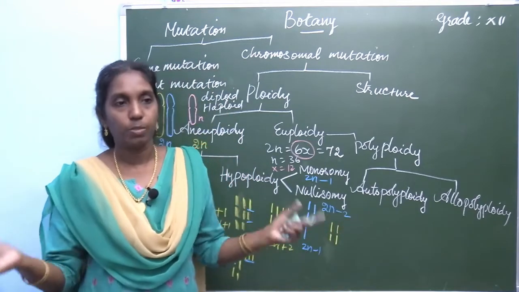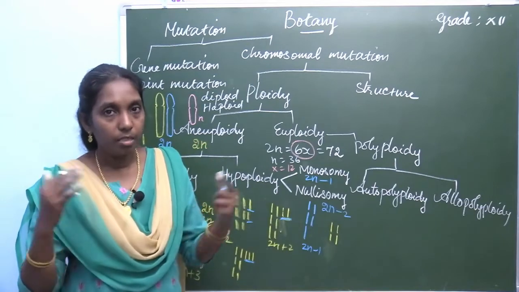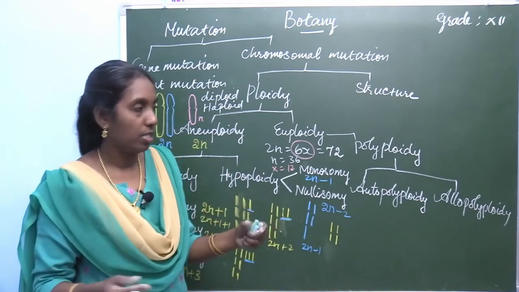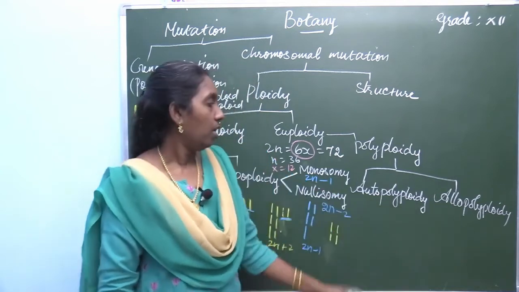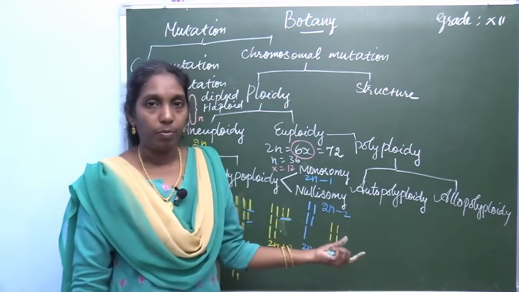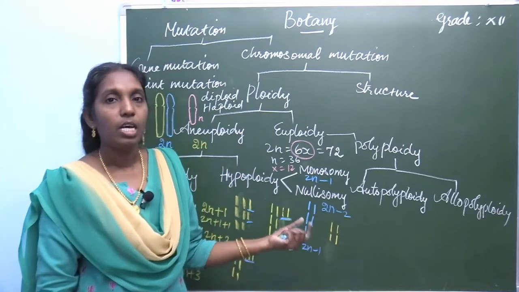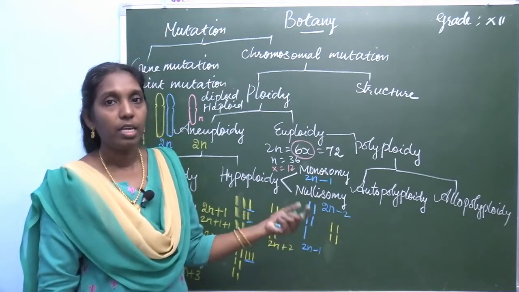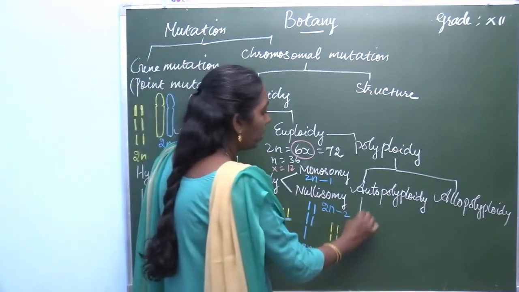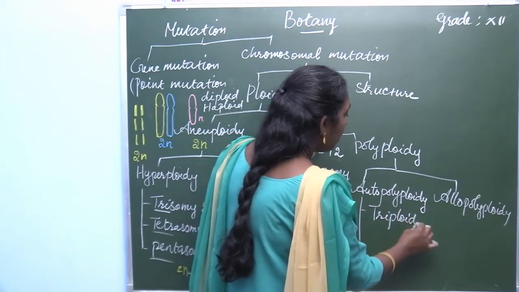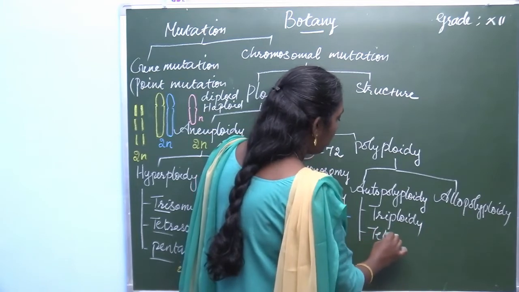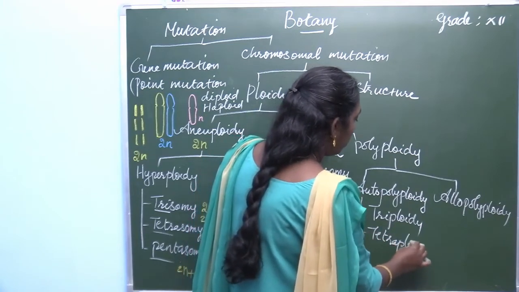Allo means different species. Alterations observed between different species are called allopolyploidy. Autopolyploidy is classified into triploidy, tetraploidy and so on.